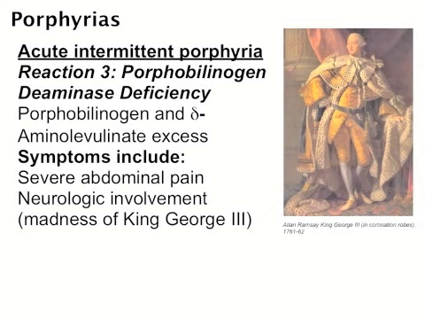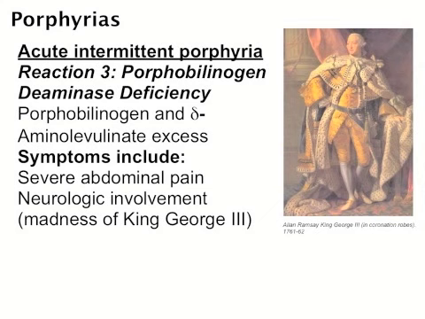And so there is a buildup of these intermediates, delta-aminolevulinate and porphobilinogen. Because of the excess of these metabolites, the following symptoms are found: severe abdominal pain and neurologic involvement. It is thought that the neurologic involvement might be because aminolevulinate looks a lot like GABA, which is a neurotransmitter.